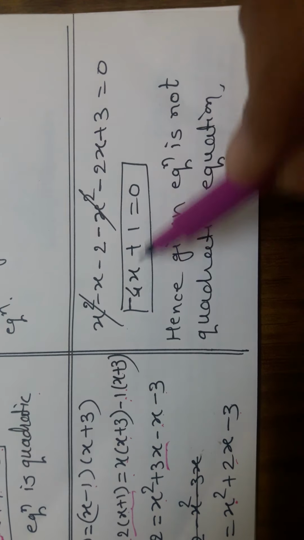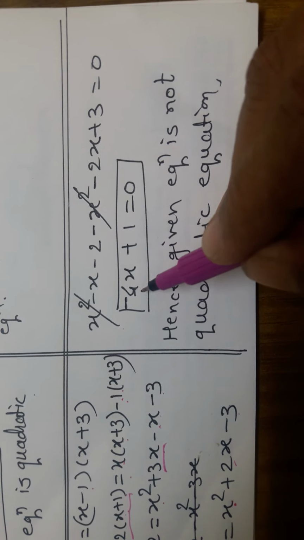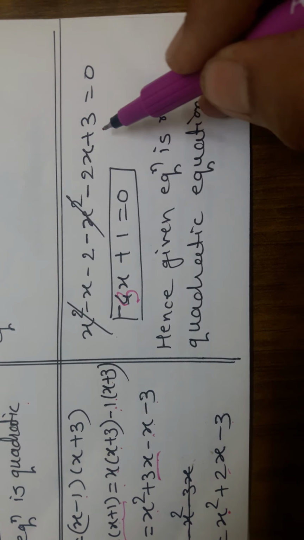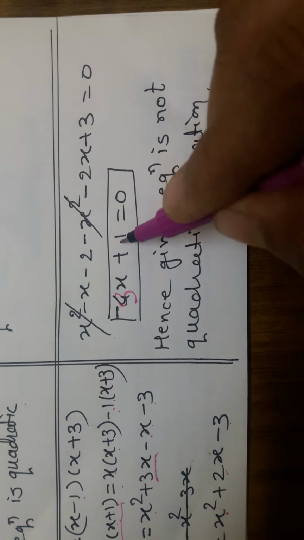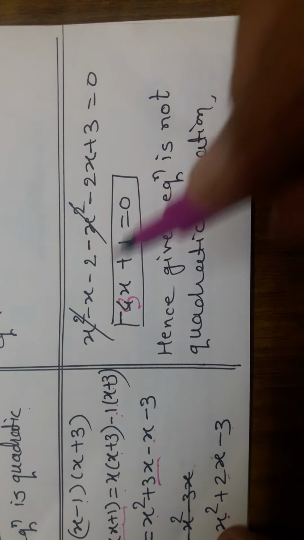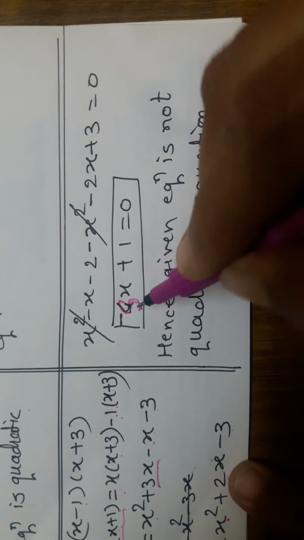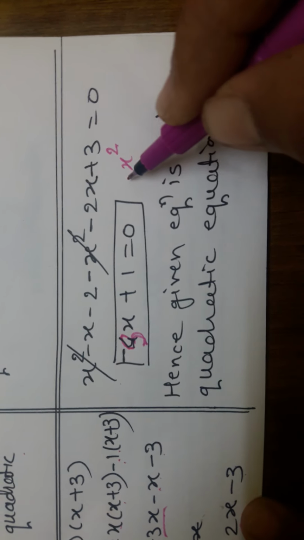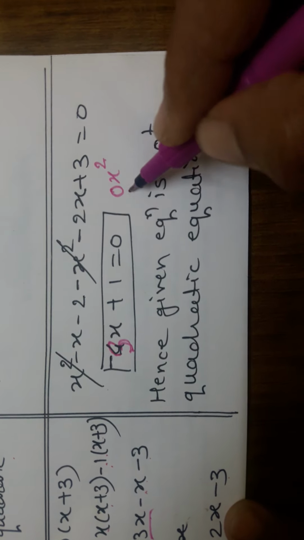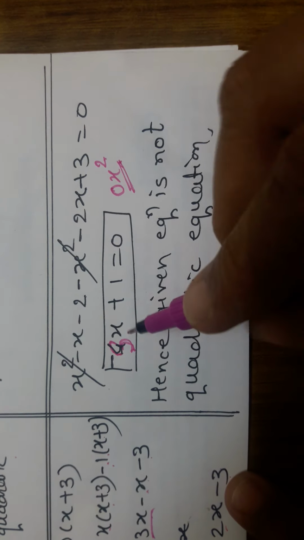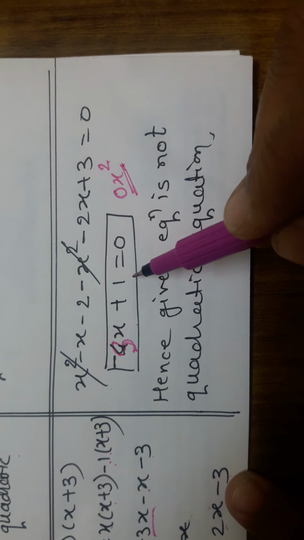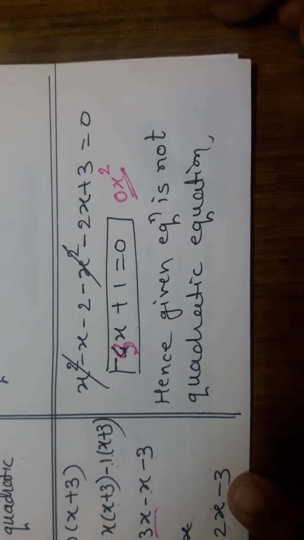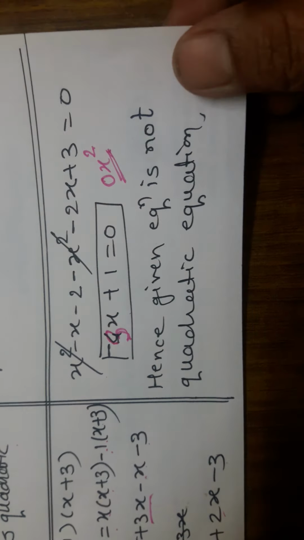Minus x minus 2x will become minus 3x, and minus 2 plus 3 will become 1, which is equal to 0. Here you find there is no term of x square. You may think we can write 0x square, but it is not so. That's why this is a linear equation, not a quadratic. Hence the given equation is not a quadratic equation.